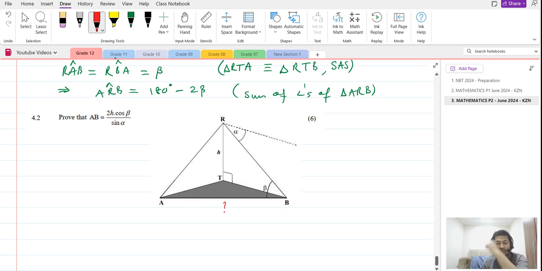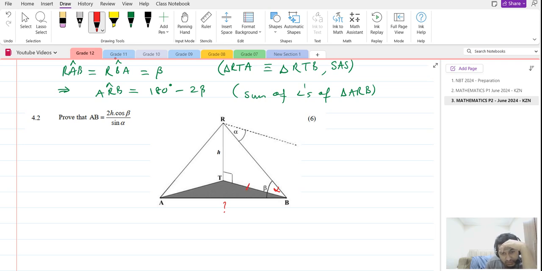Right, so we will start with the side triangle here. Remember, this was alpha, and we will find what is RB. So we can transfer RB and RA across. Alpha is here. So what is RB?